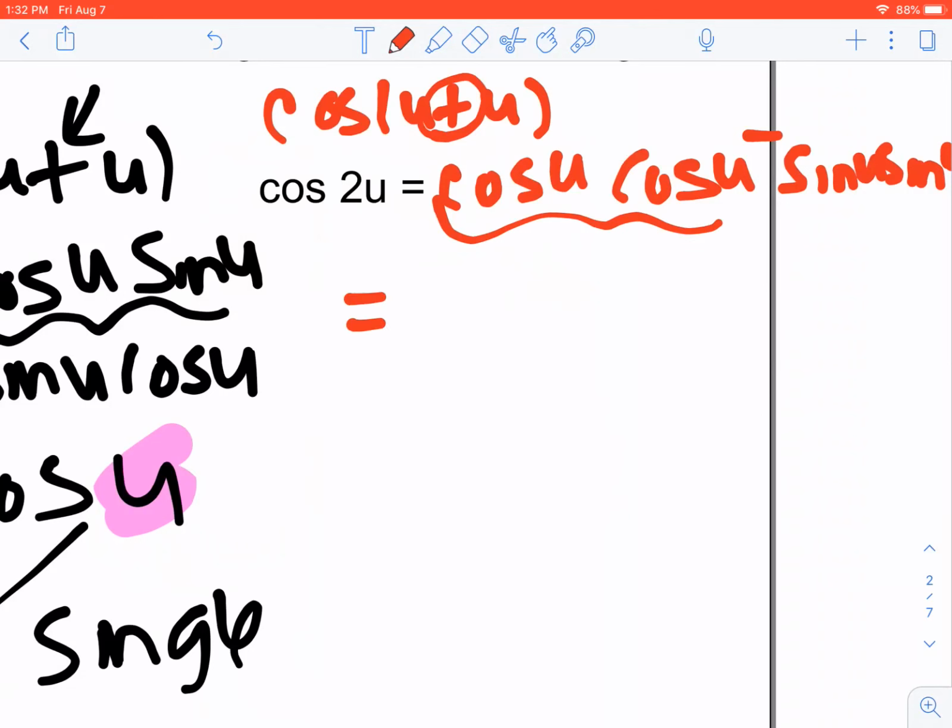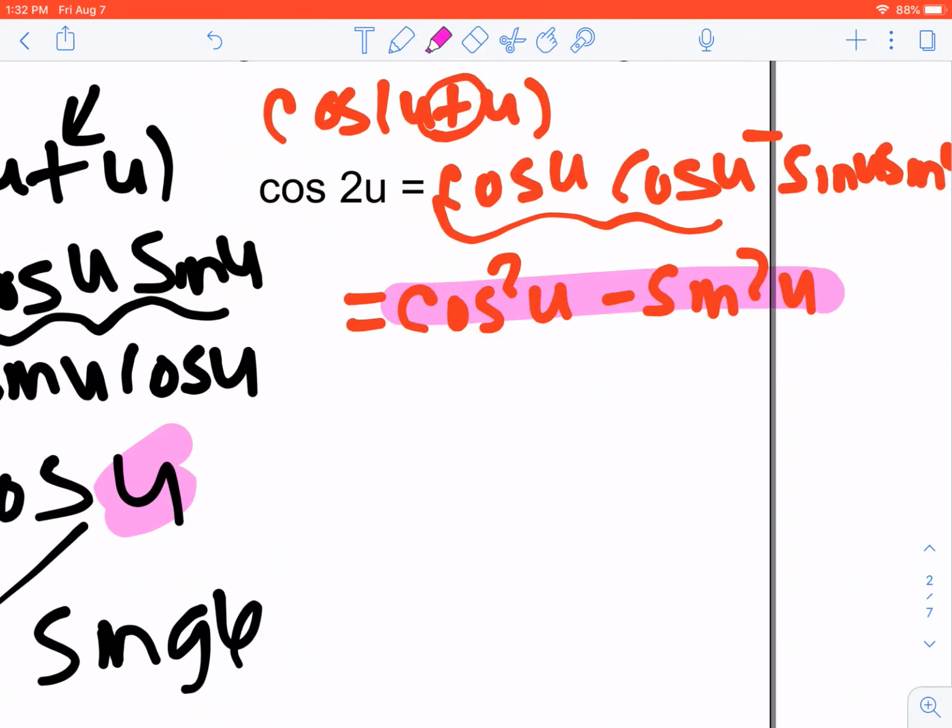So this becomes the cosine squared of u minus the sine squared of u. And that is one version of the double angle for cosine. Again, what does that mean? If you knew information about the cosine of 17 degrees and the sine of 17 degrees, this is a formula that will help us determine what the cosine of 34 degrees would be.